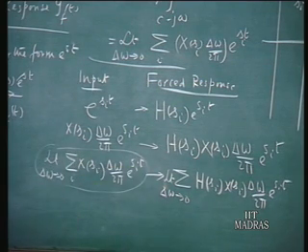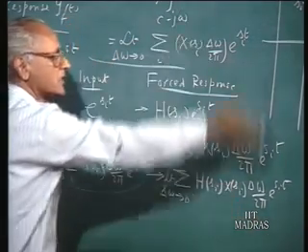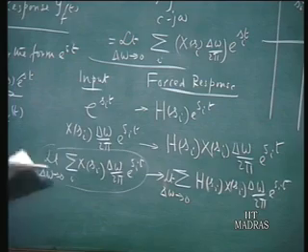So all these tiny exponential signals ranging from minus infinity to plus infinity along this Bromwich contour, if you add all of them, will fetch you x of t.